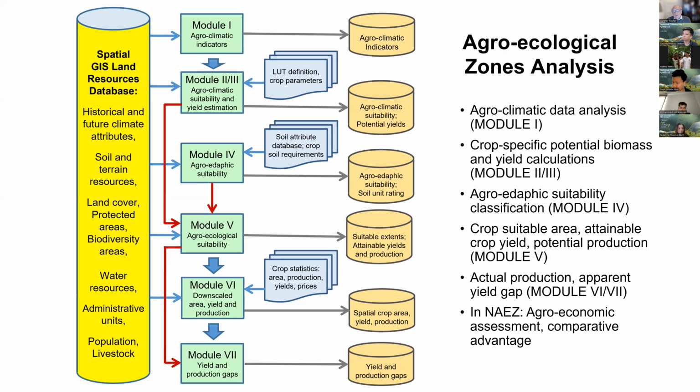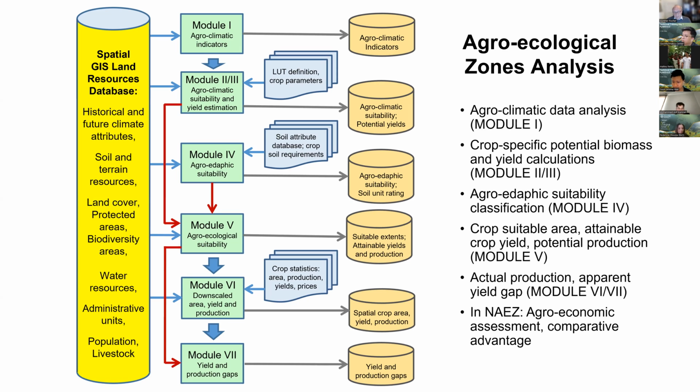Module 5 takes agroclimatic suitability results and agro-edaphic suitability results and takes them together and produces what we call agro-ecological suitability of crops. And once this is available, this is the main output of the suitability and potential production assessment.